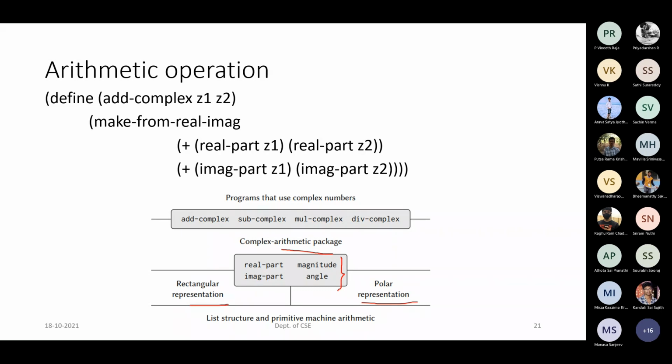If there is more than one form of representation, then you have to start thinking about how you will be representing it. Here I'm expecting the user, when giving the complex number, to mention whether it is in the rectangular form or in the polar form. But for some situations, you can identify it by seeing the input.